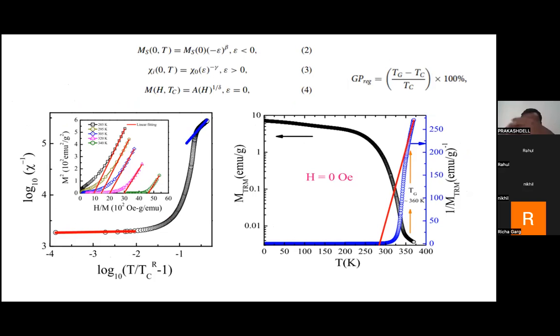Universality classes means the critical exponents alpha, beta, gamma, which describe how magnetization and susceptibility fall as a function of temperature. They will follow a single trend before the transition, and after the transition they will have a different trend.